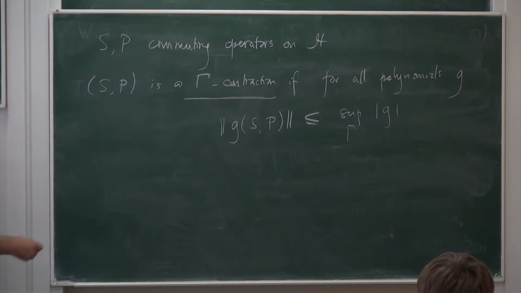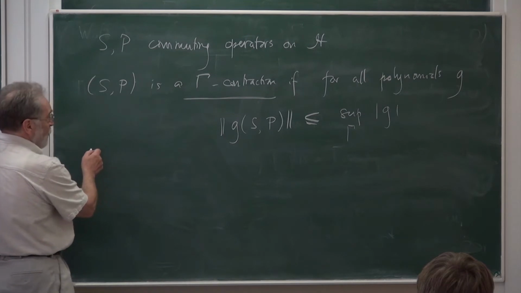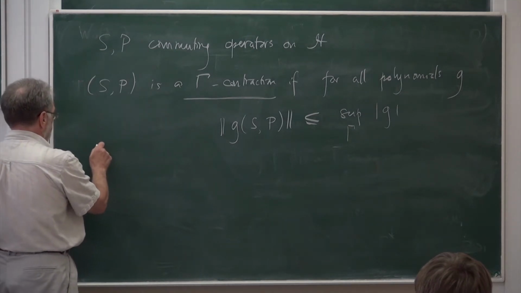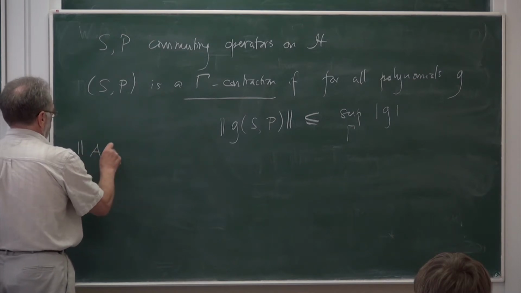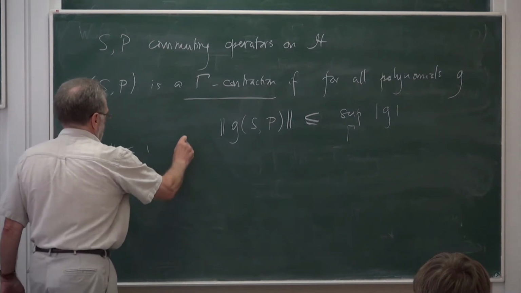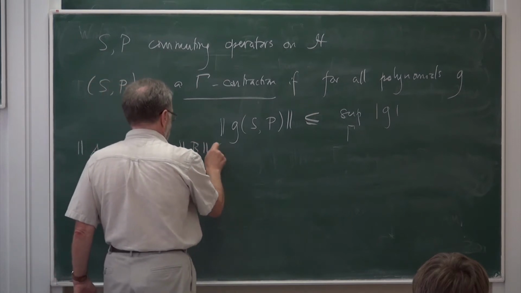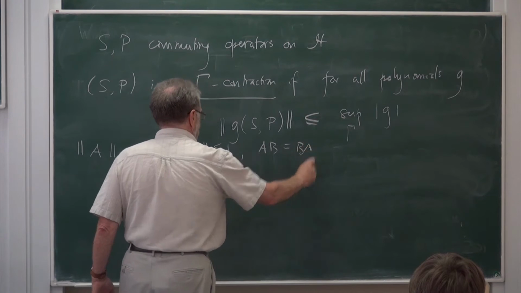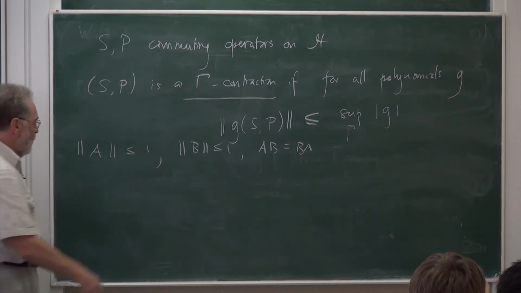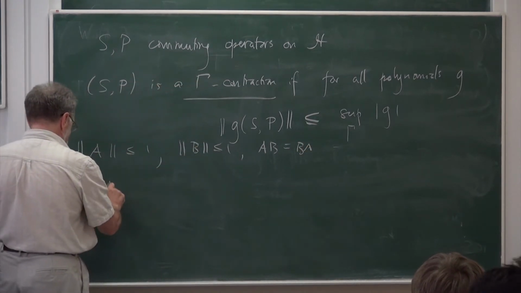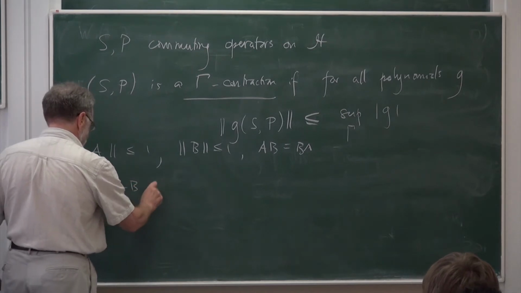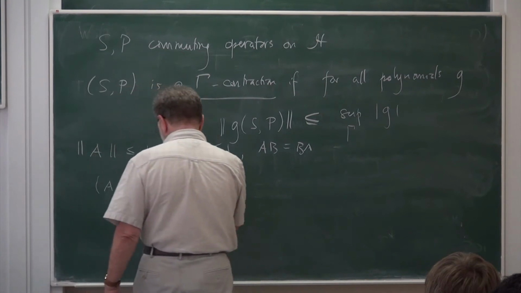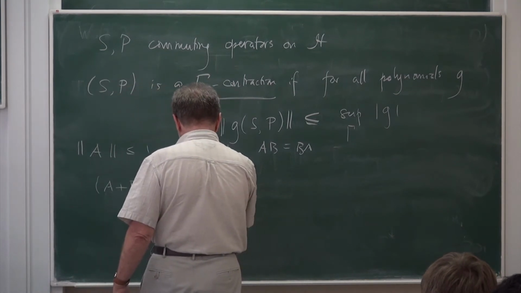And the connection with commuting pairs of contractions is simply that if A and B, if norm A is less than or equal to 1, norm B is less than or equal to 1, and AB equals BA, then you can form the symmetrization (A plus B, AB) of these commuting operators, and that is a gamma contraction.